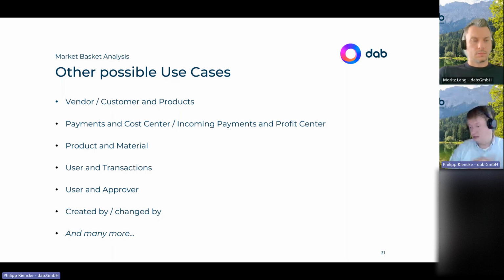Usually you have maybe a certain amount of people who should do or who can do things, and this you can also find. So these are just a few examples and use cases for you to better imagine what that market basket analysis could be used for.